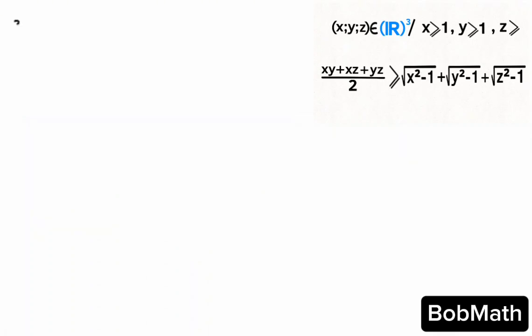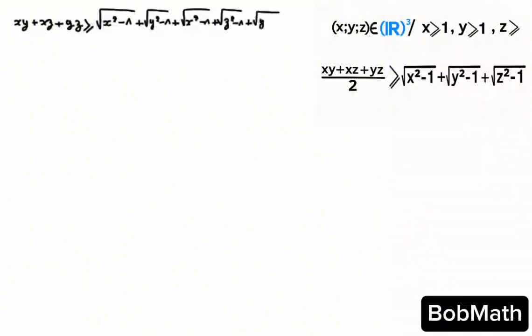So we get xy plus xz plus yz is greater than or equal to the square root of x² minus 1 plus the square root of y² minus 1 plus the square root of x² minus 1 plus the square root of z² minus 1 plus the square root of y² minus 1 plus the square root of z² minus 1.